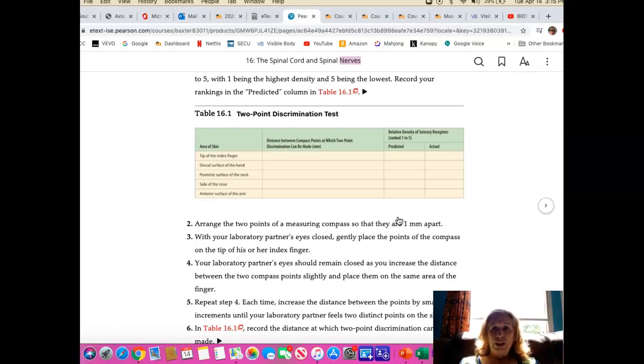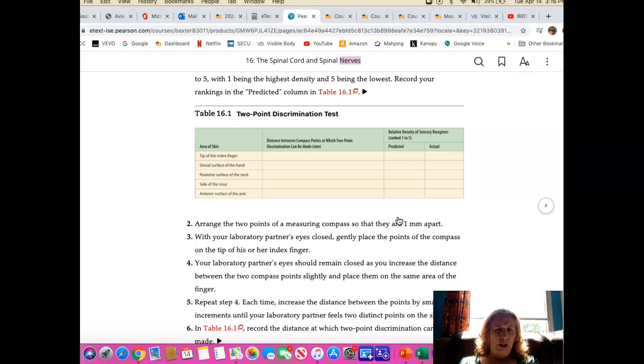Then you're going to increase it to 2 millimeters. They feel 1 point. Again, their eyes are closed. You're going to increase it to 3 millimeters. They feel 2 points. That is your actual measurement, 3 millimeters, the distance of the points when they felt 2 sensations.